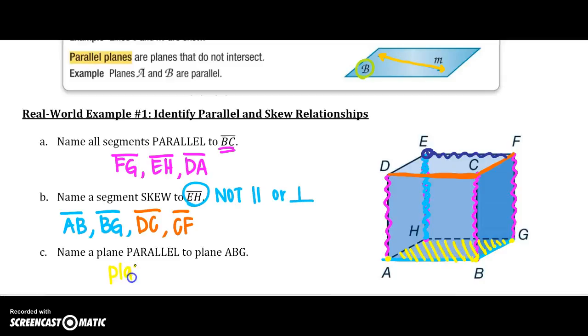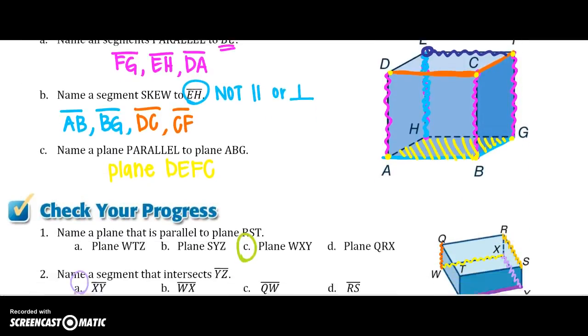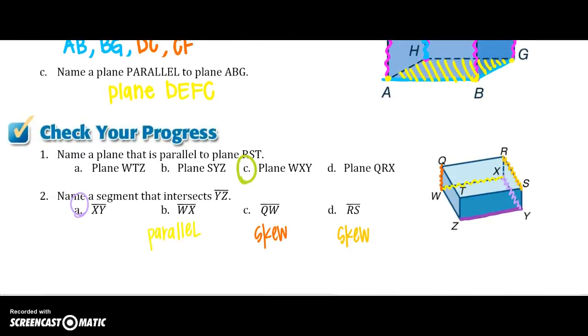So plane DEF. I could also call it DCF. How about DEFC? All right, go ahead and stop this video and try your next two checkpoints. Here are your answers.